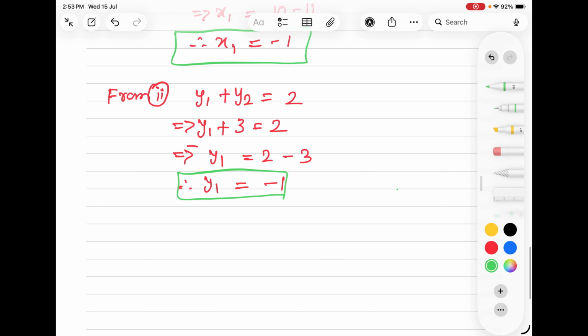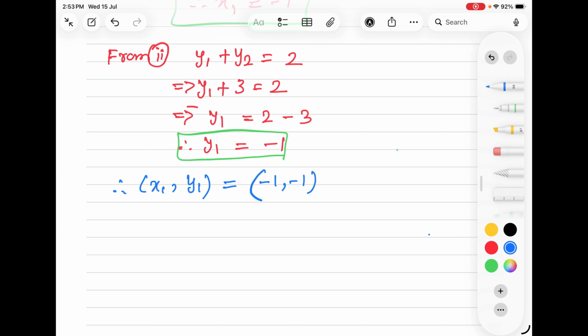So x1, y1 equals minus 1, minus 1. Therefore, a equals x1, y1, which is minus 1, minus 1. b equals x2, y2.